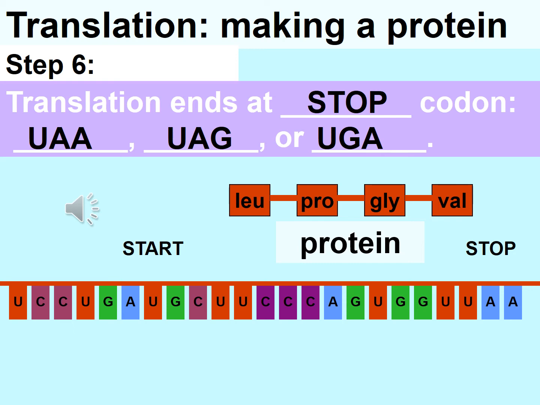It's still there. Another ribosome can come in and attach to it and start reading it again. But more importantly, you've got your leucine, your proline, your glycine, your valine all in a chain, which we call amino acids in a chain. We have a name for that, and that would be protein. So we now have a protein or an amino acid chain.